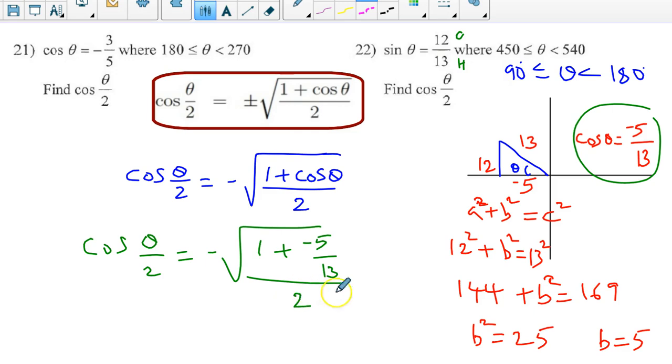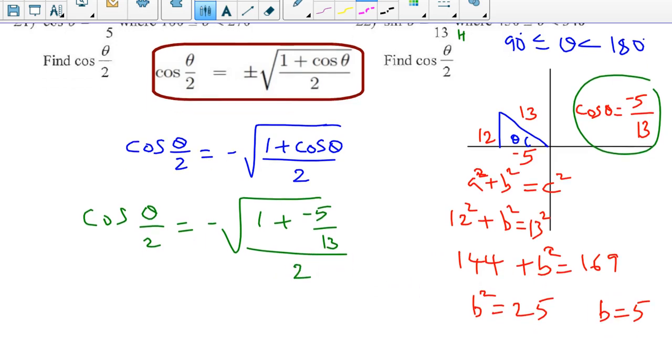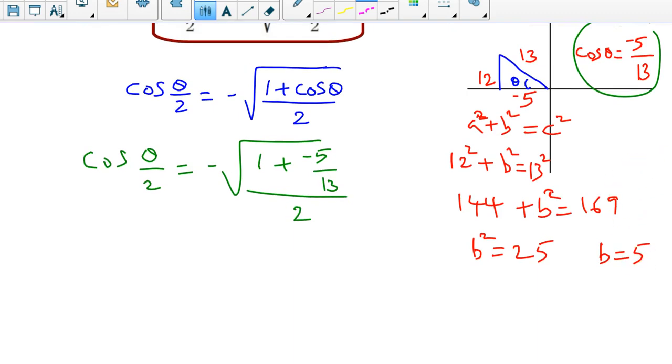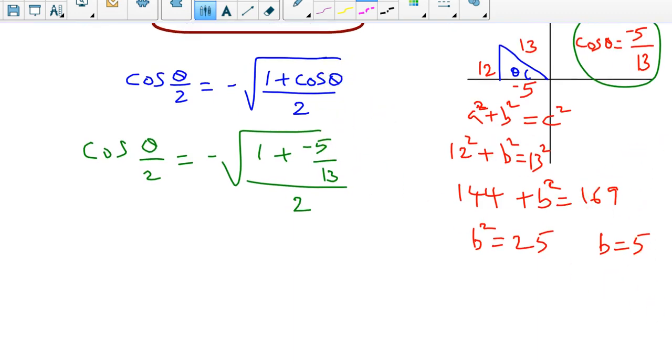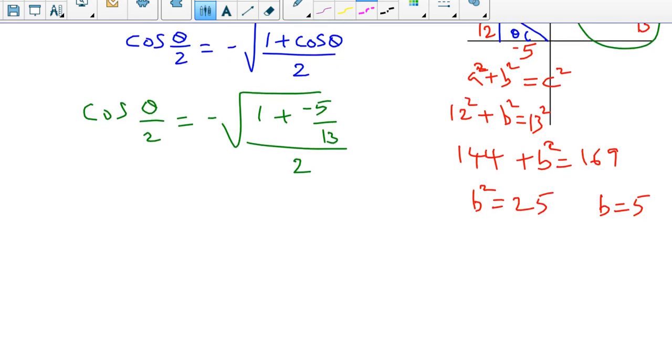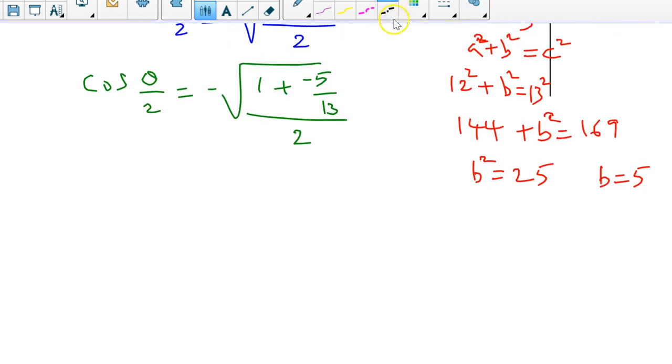And now basic simplification. I just did this whole thing for getting the value of cosine theta. Now, using our knowledge of simplification of fractions, the negative sign is there in the formula already. If I have 13 in the denominator, we'll make the 1 as 13 over 13, so that those two denominators are the same.